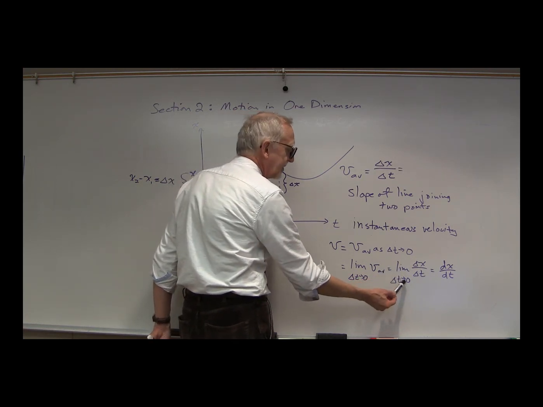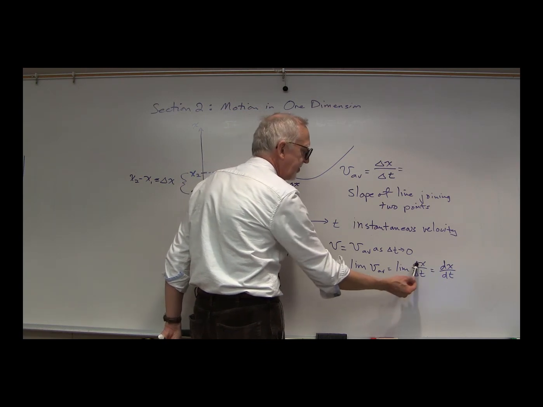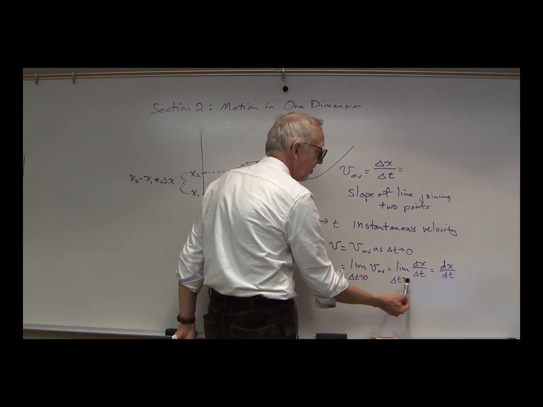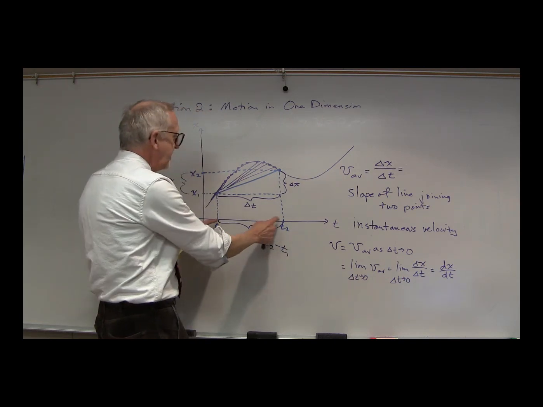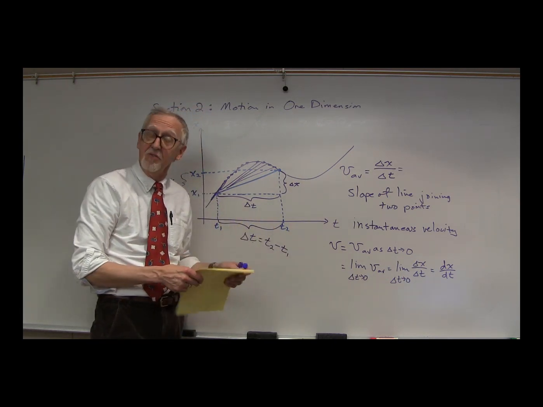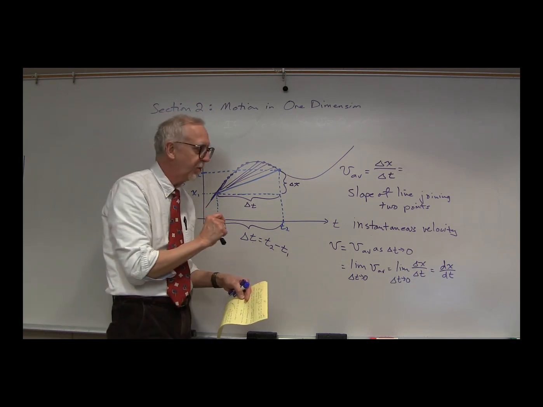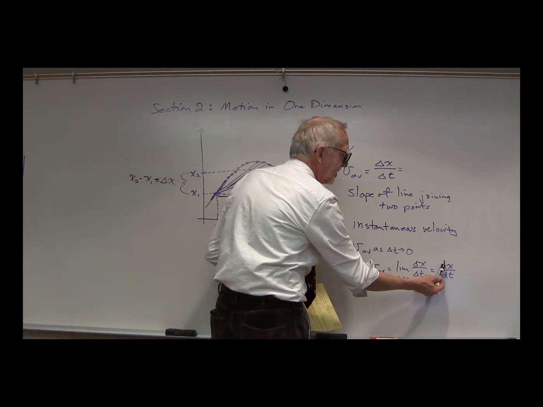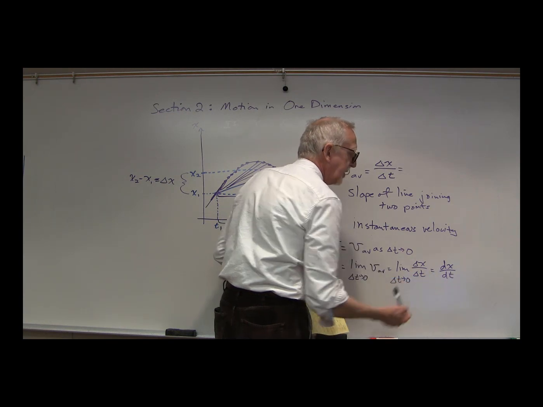Or the limit as delta t goes to 0 of v average, which is delta x over delta t, so that the deltas, the change in t and the change in x, get smaller and smaller, and eventually they become infinitesimally small, which we then write as dx over dt.